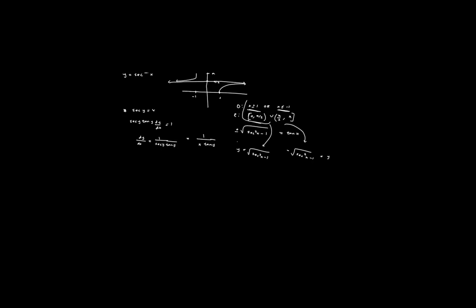section, x is only positive and we want a positive, and here x is only negative and we want a negative. So if you think of absolute values, that can help us solve this equation. So let me first write this down. So right now we have something like 1 over x times square root of x squared minus 1, and that's because tangent y is simply equal to square root of secant squared y minus 1, and then this is plus or minus.